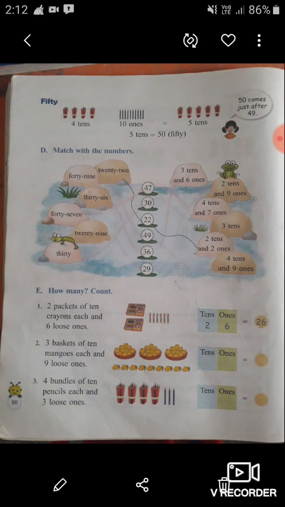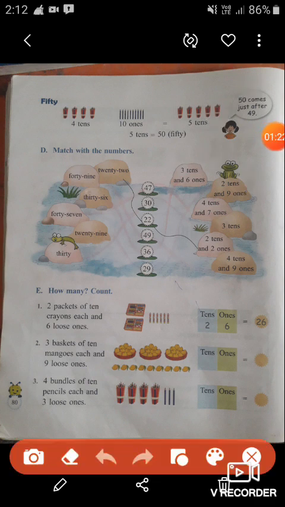Now question number D, match with the numbers. Here, at the left side the number names are given and at the right side the tens and ones form of a number is given.